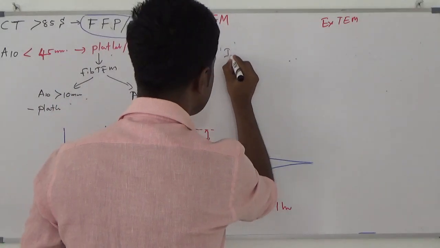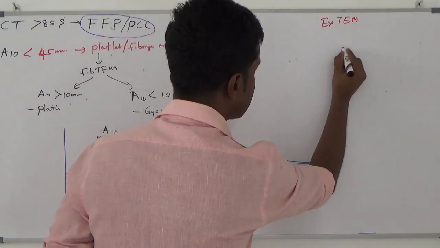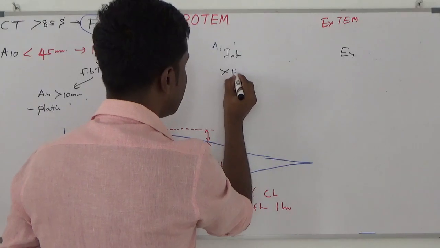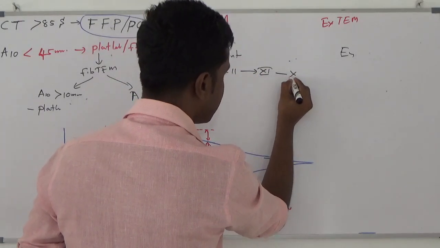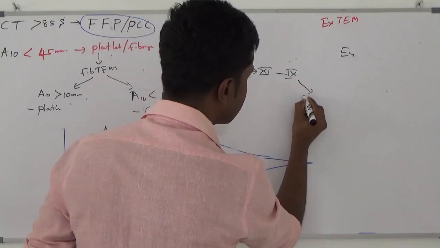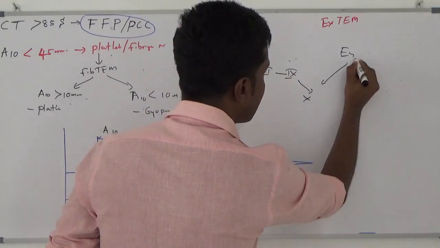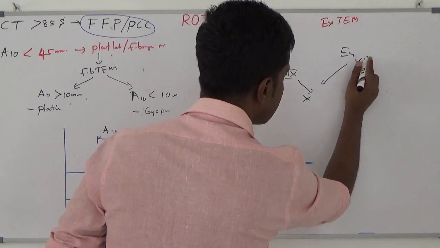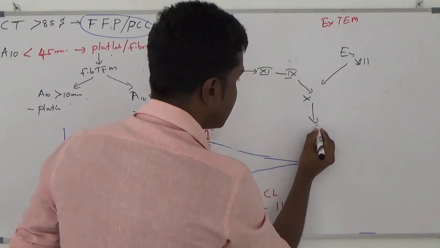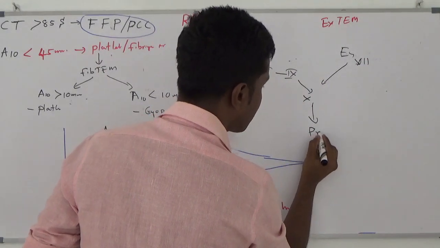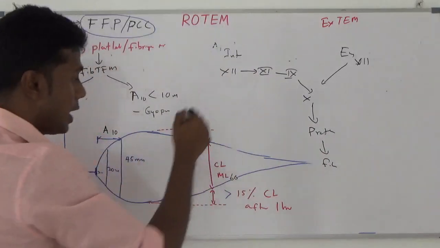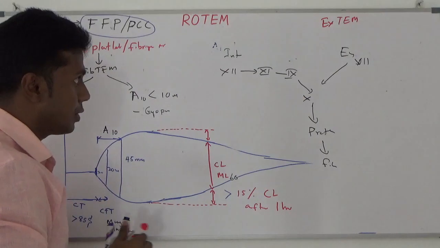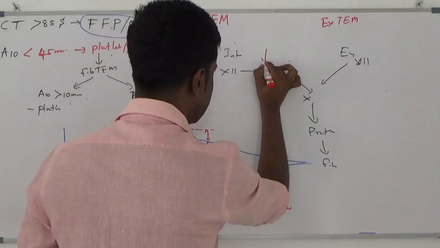Here you have the intrinsic pathway, here the extrinsic pathway: factor 12, factor 10, factor 11, factor 9, here factor 10, here factor 7, factor 10, prothrombin and fibrin. Your heparin mainly blocks factor 9 and 11.